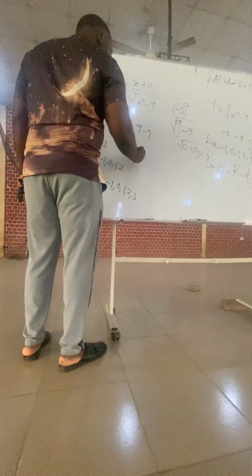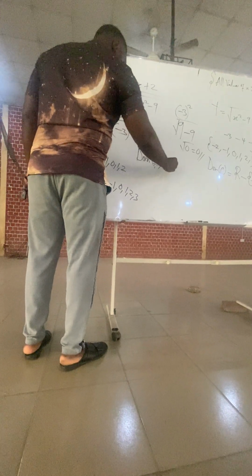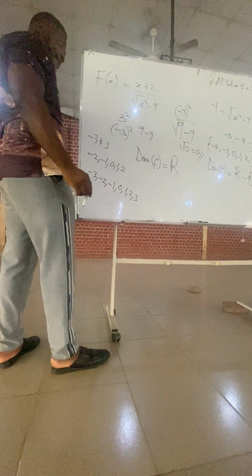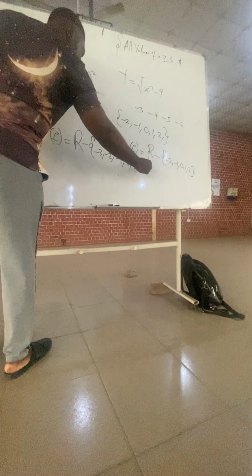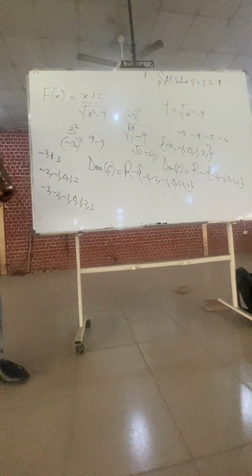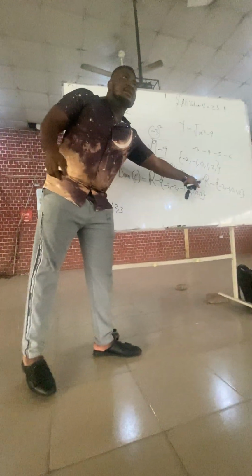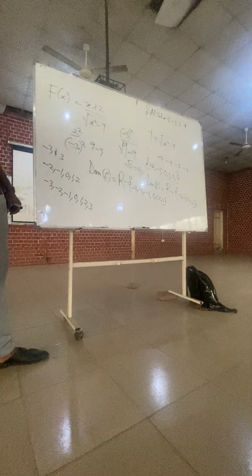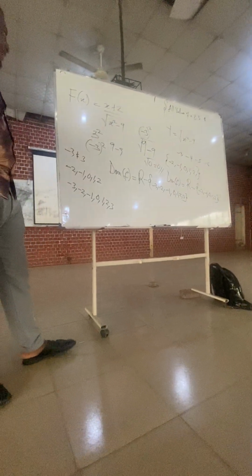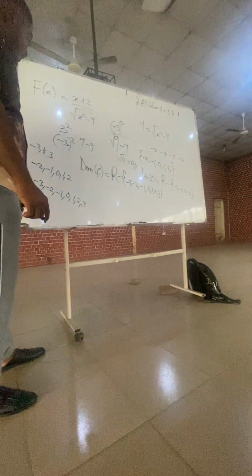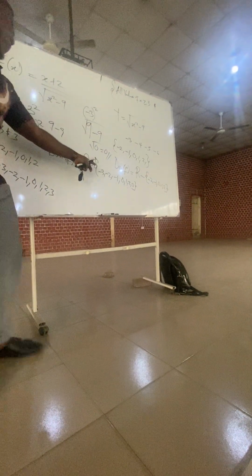So class, the final answer to this assignment: the domain of function f is all real numbers minus minus 3, minus 2, minus 1, 0, 1, 2, 3. All these numbers will make the function not exist.